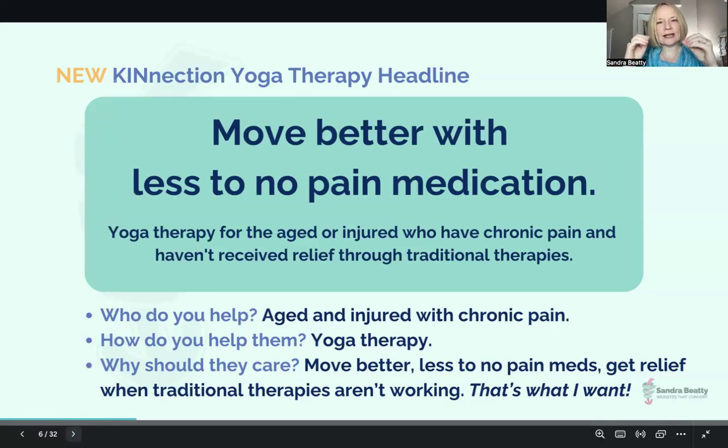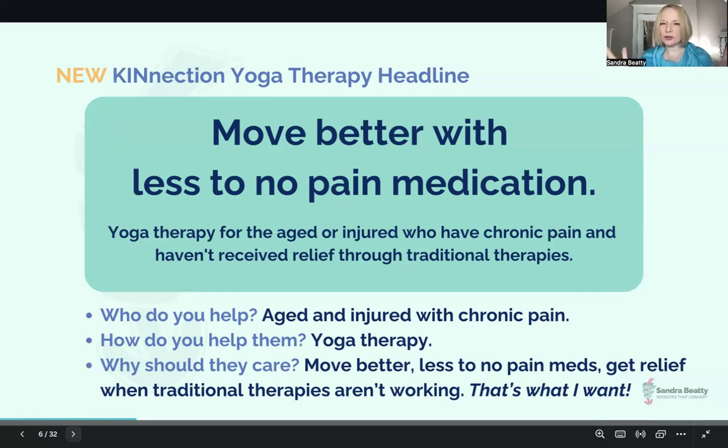We added a subheading, as you can tell, a heading and a subheading, and that's not a bad idea. The heading is: Move better with less to no pain medication. The subheading: Yoga therapy for the aged or injured who have chronic pain and haven't received relief through traditional therapies. So right away, we know who they help: anyone with chronic pain who is older or has been injured.